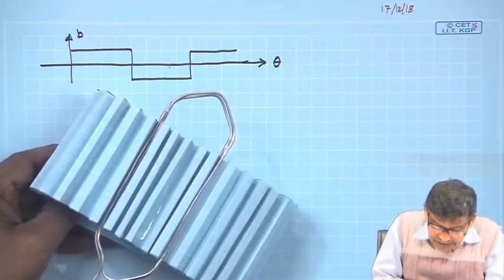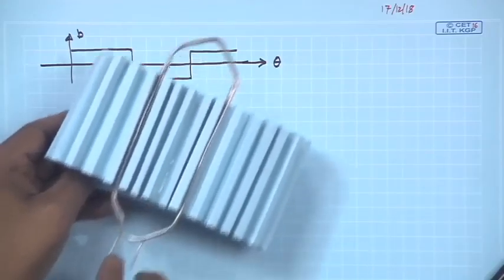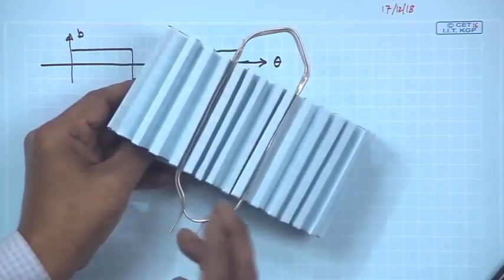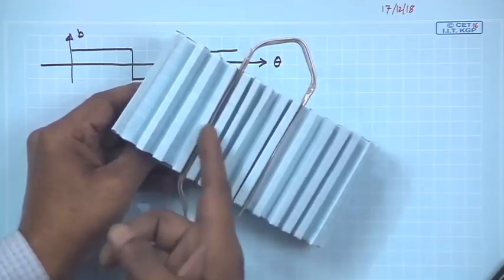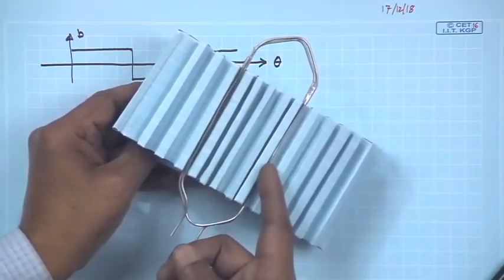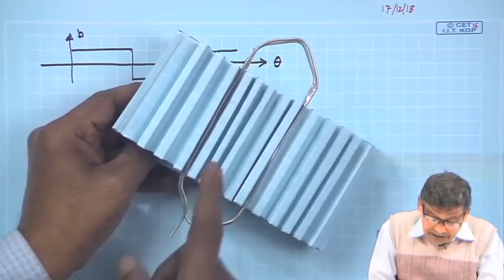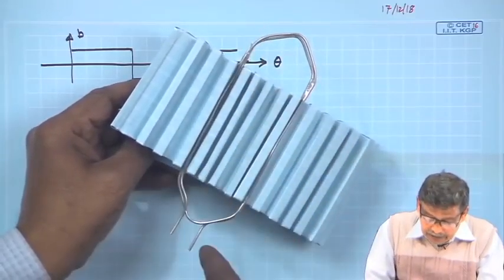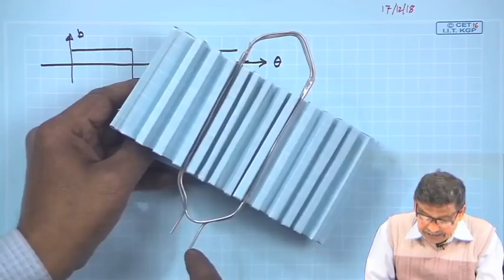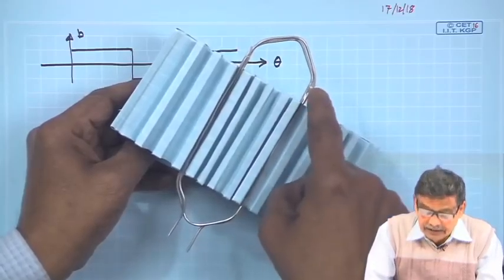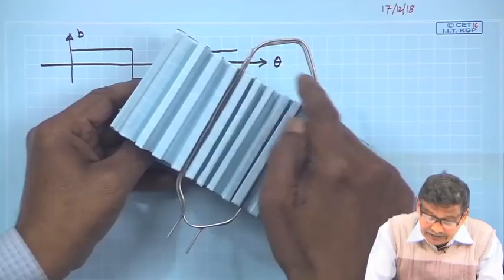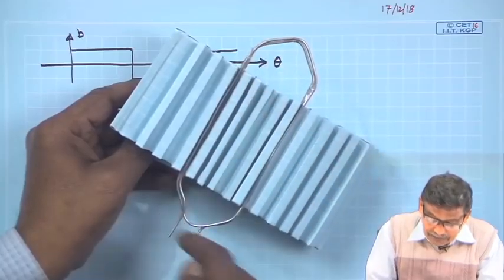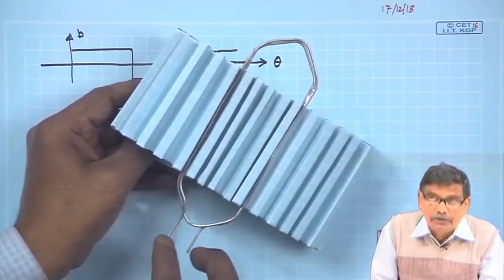Why? Because then the induced voltage between its two terminals will be maximum, 2BLV. This will be BLV, this will also be BLV. But the polarity of this voltage, if this is plus, this is minus, and this one is minus and this is plus. So, minus to plus, then once again minus to plus, BLV, BLV, 2BLV.